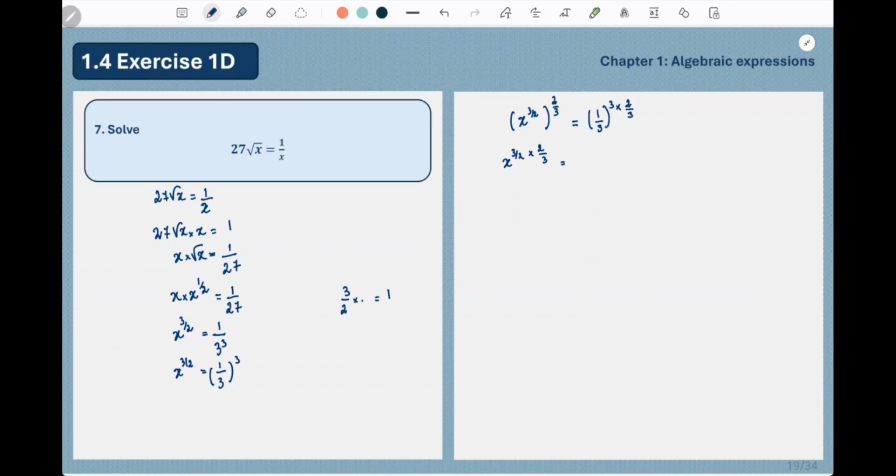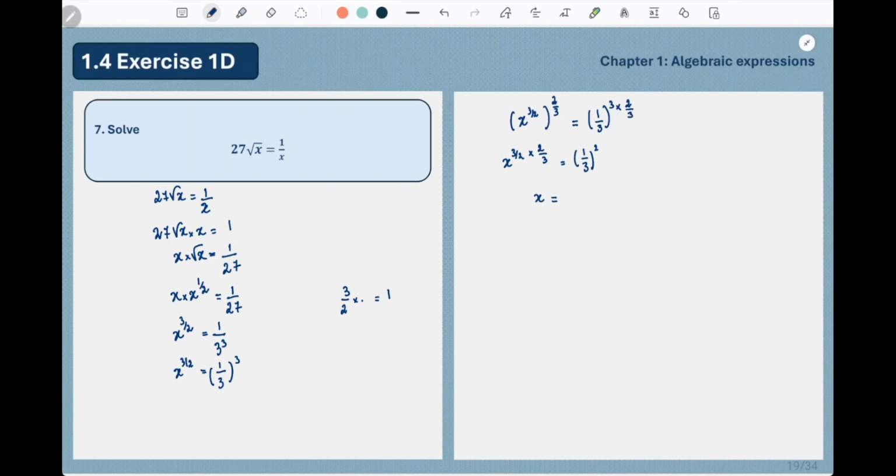And this one is going to be 1 over 3 to the power of 2, okay? So this one simply simplifies to 1. So we're going to have x, which we are looking for, because when we say solve, we are actually looking for a value of x.